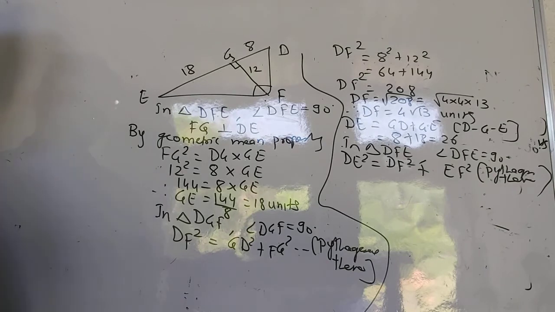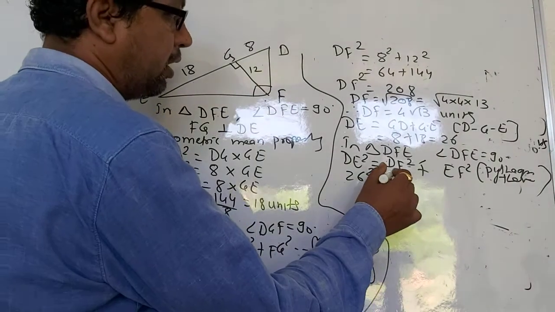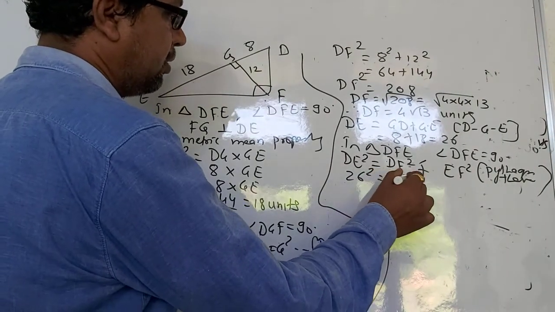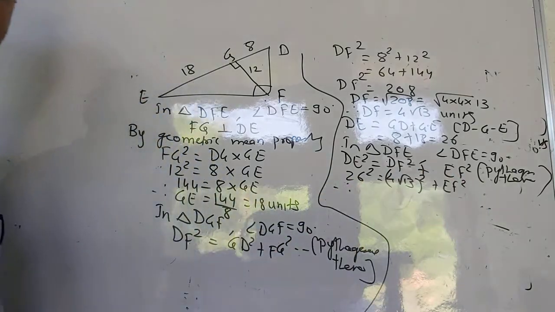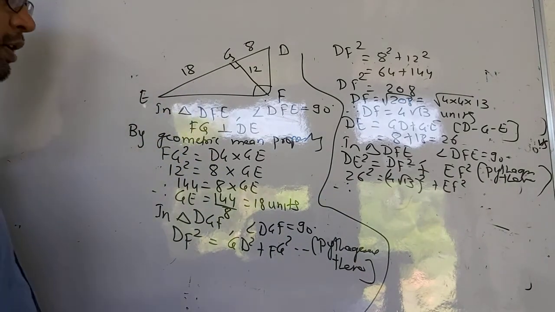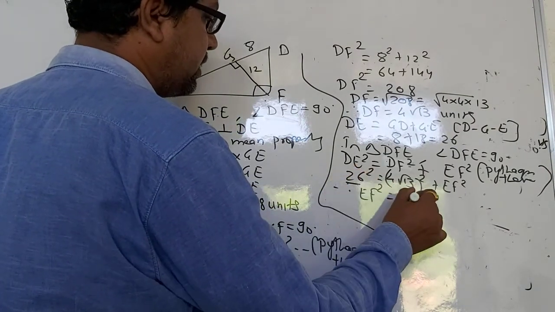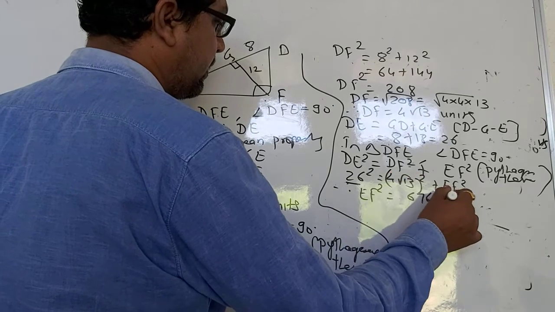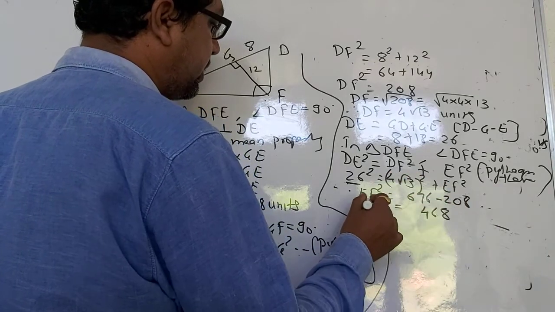Then substitute the values here. DE we have 26. DF we got 4 root 13 plus EF square. He has told to find FE, no? EF only. So EF square is equal to 26 square, we got 676, and this DF square is 208. If you subtract, you will get 468.